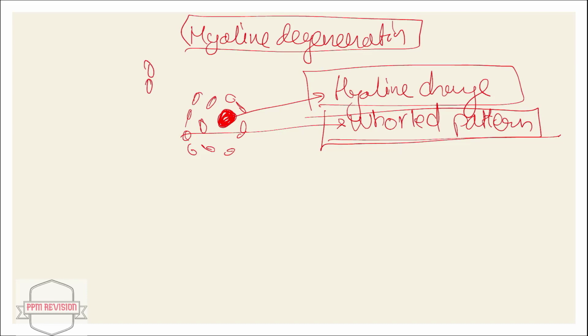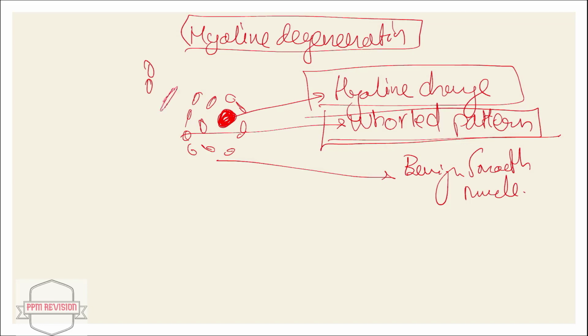There's also presence of benign smooth muscles. So hyaline degeneration is simple. We have the presence of benign smooth muscle cells as well as fibroblasts, which you can draw. So what can be seen in case of hyaline degeneration?